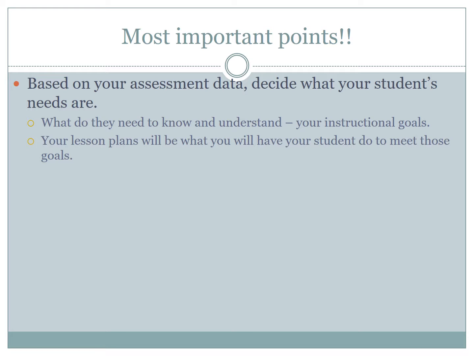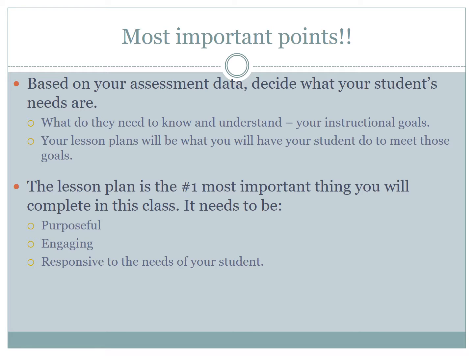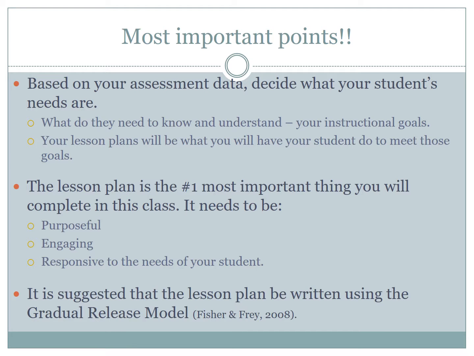They are based on the assessment data that you got when you assessed your students. The lesson plan is the #1 most important thing you will complete in this class. It needs to be purposeful, engaging, and responsive to the student's needs. And as always, gradual release will be incorporated into almost all of your lesson planning.